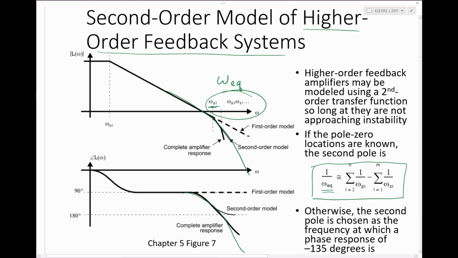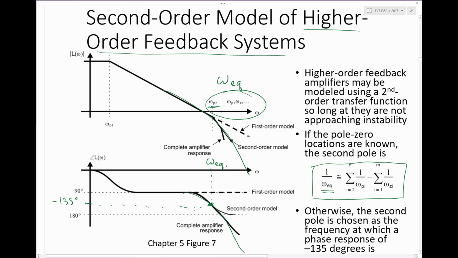So a very practical way is to look at that Bode plot and say, okay, where's minus 135 degrees? It's reaching minus 135 degrees there because of the effect of a couple poles and maybe a zero. But I'm just going to approximate this by saying, fine, I'm going to take that as my equivalent second pole, right?